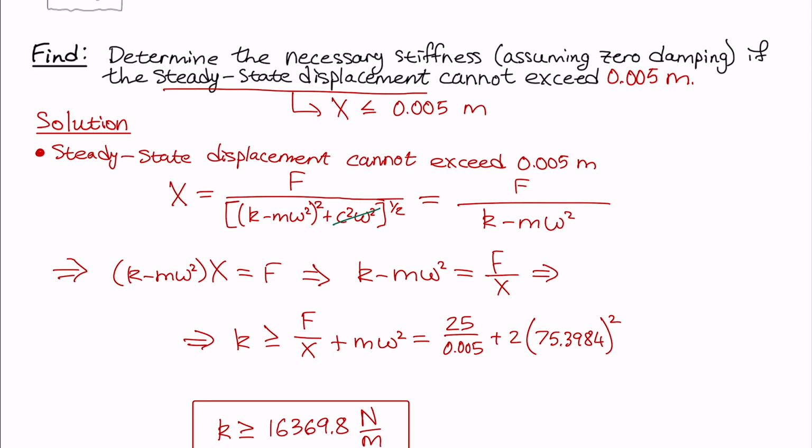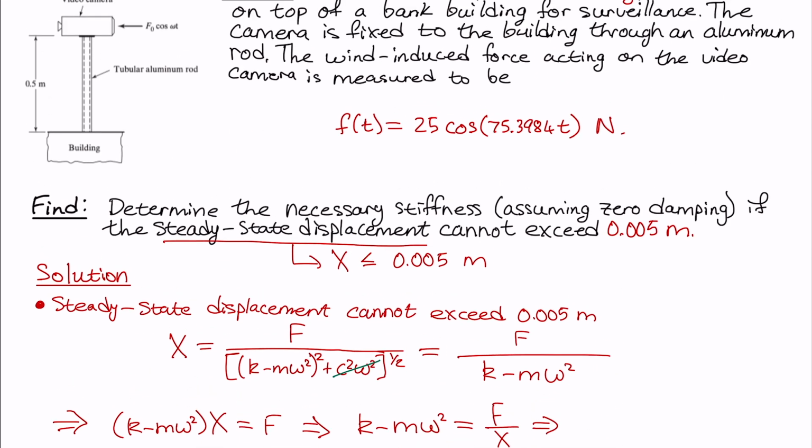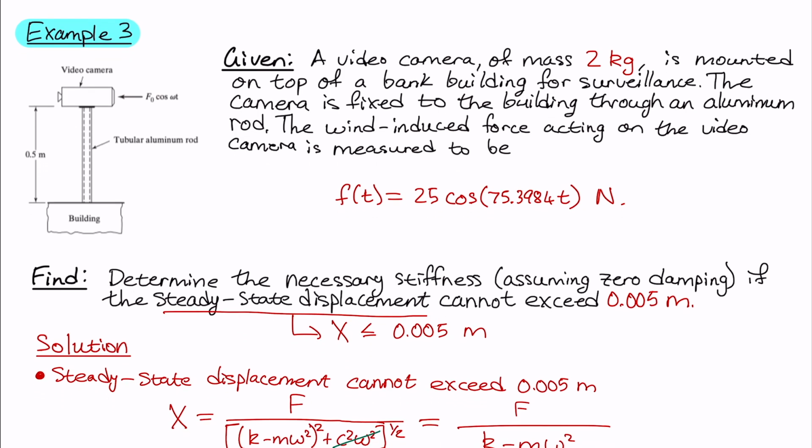Yeah, so I didn't include it here, but you are given the length of this rod, so then you could actually go and do a design. You could go and design the shape of the rod. If that length is flexible, you can change the length. But otherwise, it says a tubular aluminum rod, you'd be looking at what is the diameter of the rod.